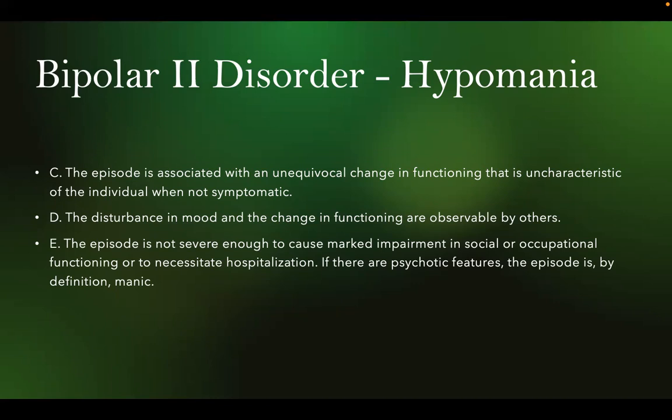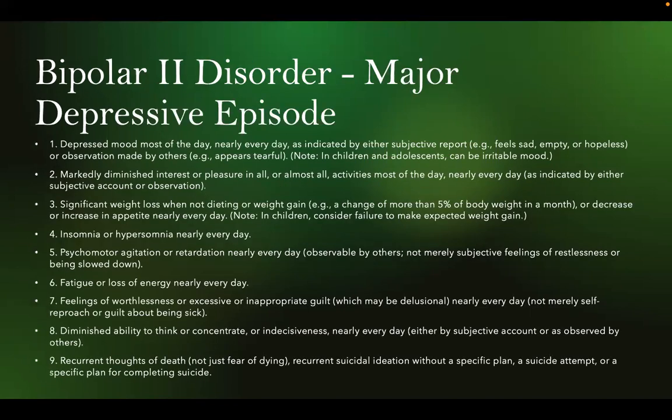D, the disturbance in mood and the change in functioning is observable by others, and the episode is not severe enough to cause marked impairment in social or occupational functioning or to necessitate hospitalization. If there are psychotic features, the episode is by definition manic, and therefore the diagnosis would be bipolar 1 disorder, because they would meet criteria for mania and not hypomania.